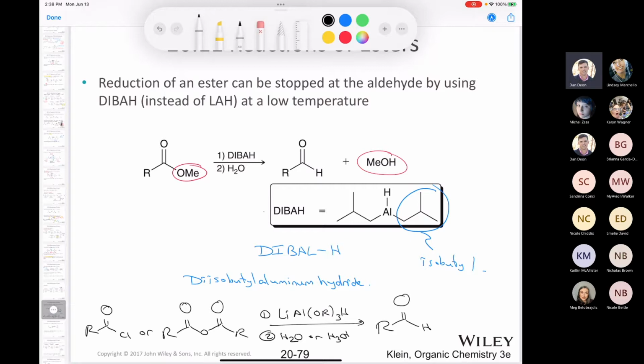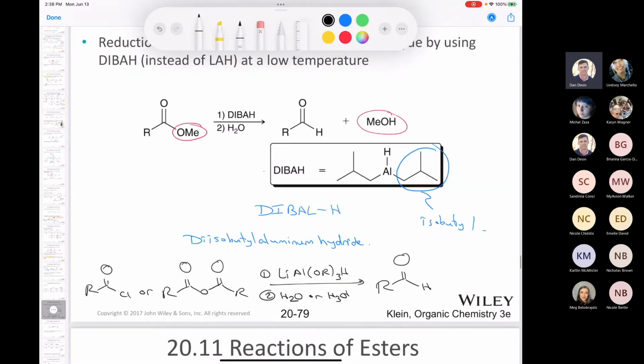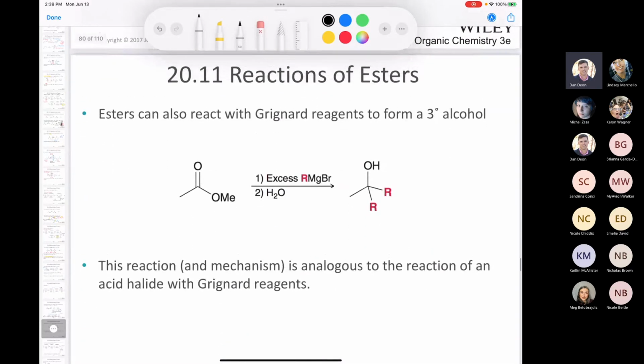Okay, you'd stop at the aldehyde. But for an ester, you can't use that. You have to use this special reagent, DIBAL.